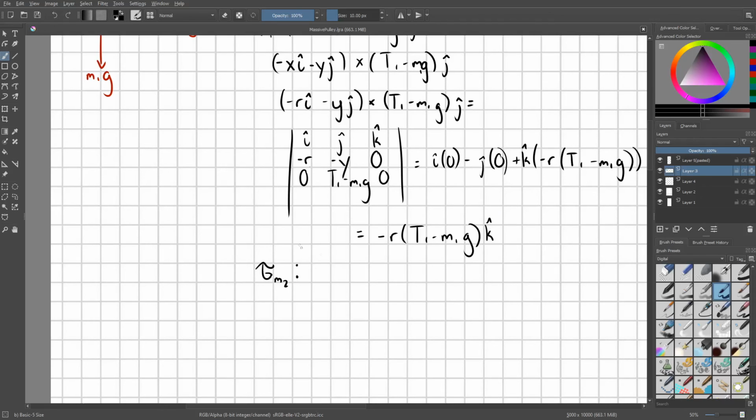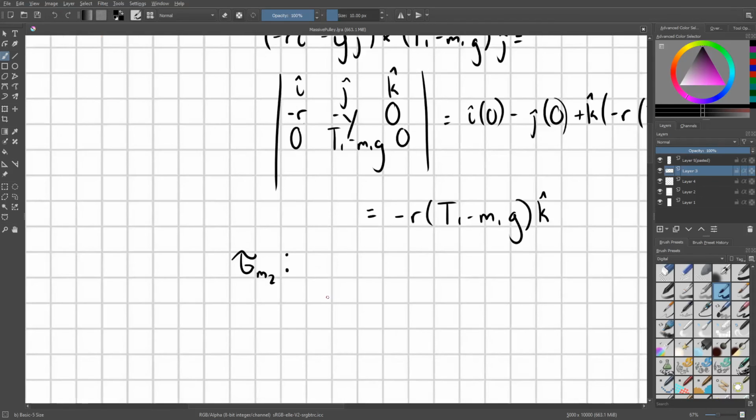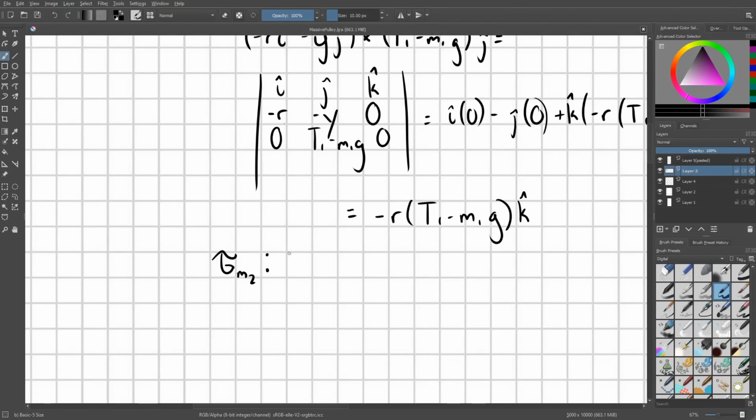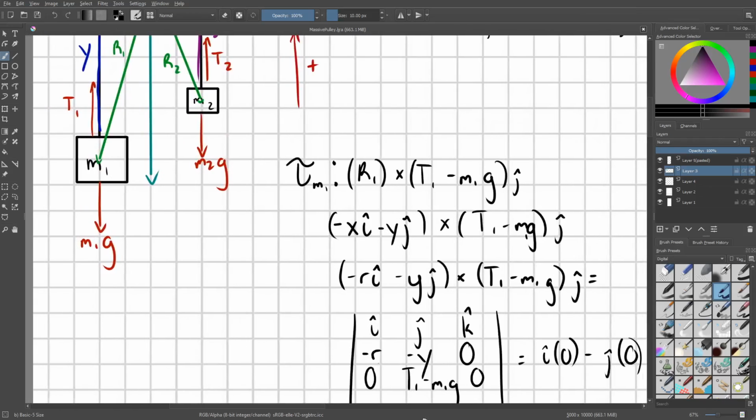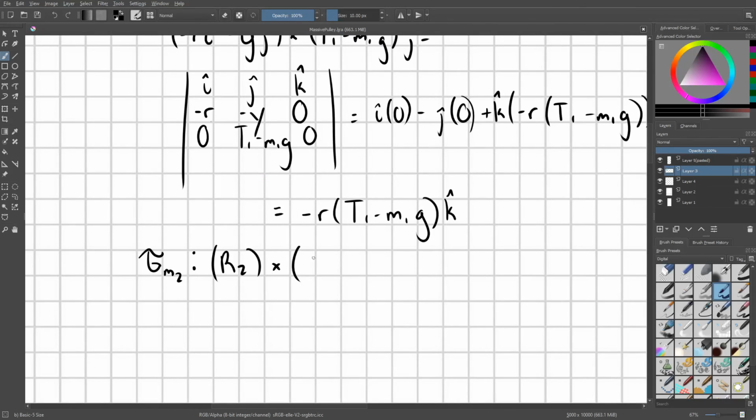So, on M2, we have R2 cross, what were the forces? T2 minus M2G. It's X in the j-hat direction.